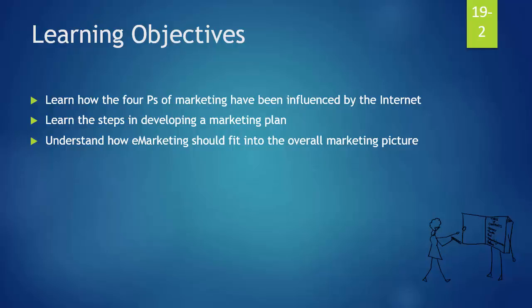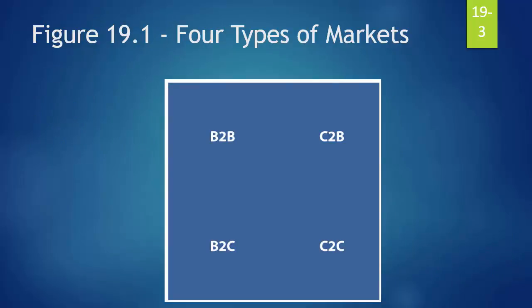So if you look at the different types of markets that we have: business to business, business to consumer, consumer to business, and consumer to consumer. A lot of what takes place now is business to business, but we're also seeing lots of business to consumer type of transactions taking place.